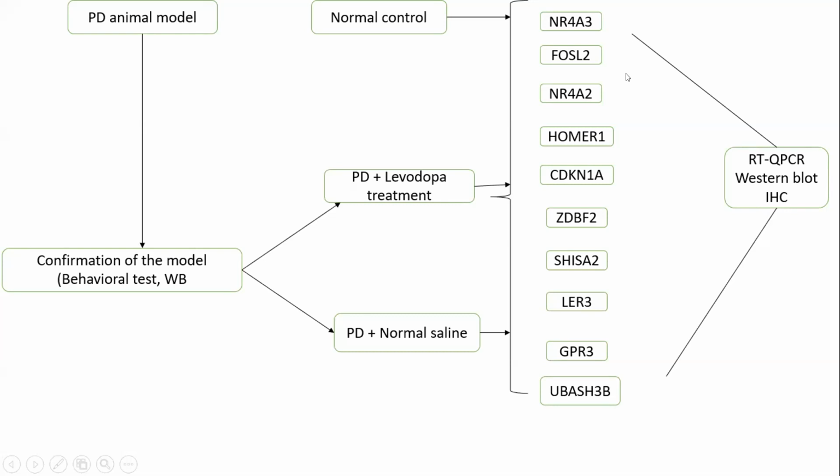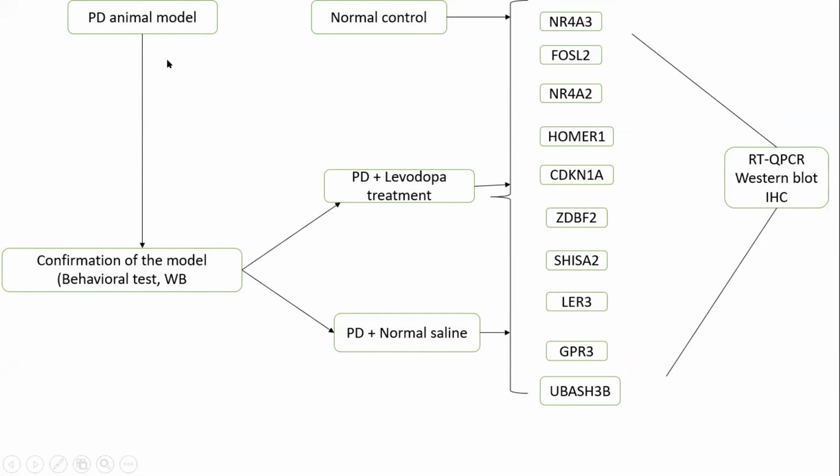So we have selected a number of genes according to the log fold change, the t-test, adjusted p-value, and their log fold change. And these are the genes that we are hoping to validate.